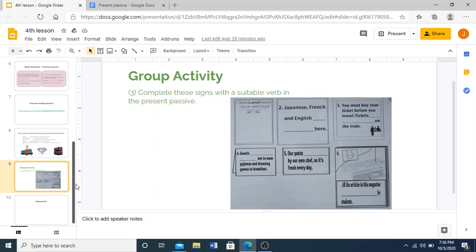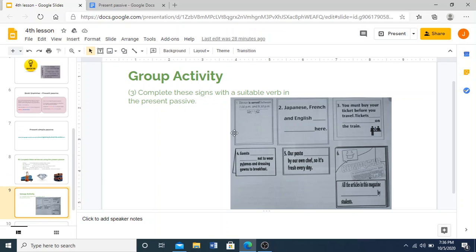Hopefully you complete it, and we'll discuss the solution, I mean the correction to this. But for now, you discuss in your groups, try to find the solution to it. Just follow the instruction, okay? You complete the signs with a suitable verb in the present passive. As you can see, there are spaces that you need to complete. It should be easy for you to do if you have listened and you have followed this class closely.